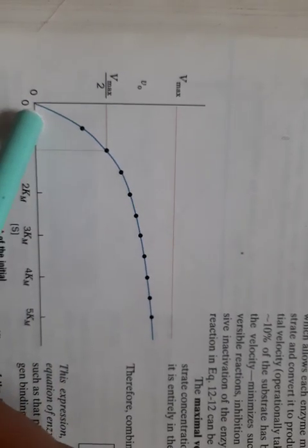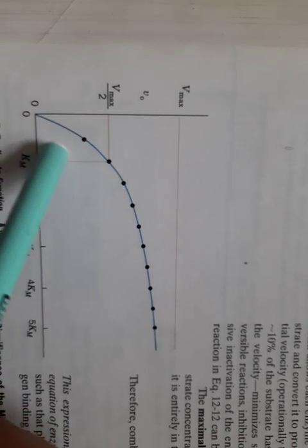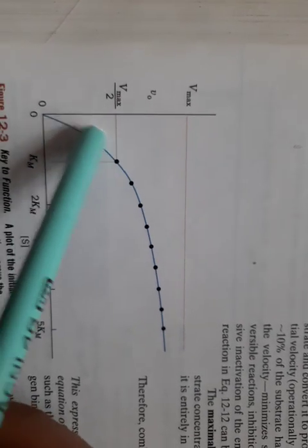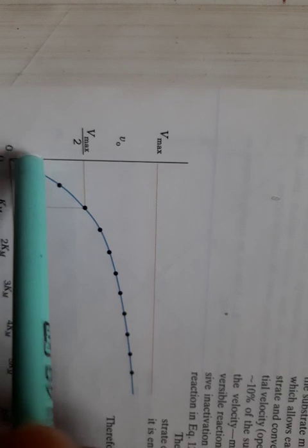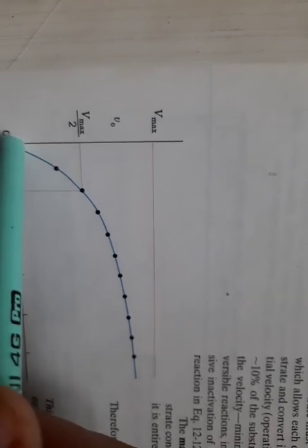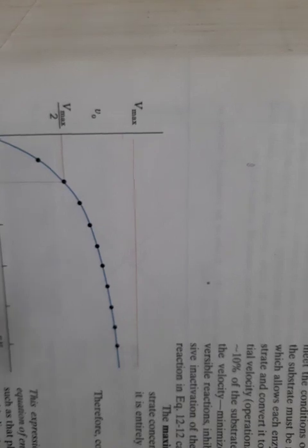So if this one is taken wrong for small values, it gives a very wrong value of this whole thing, because here the change in the velocity of the reaction is very high for the lower values of substrate. That's it.